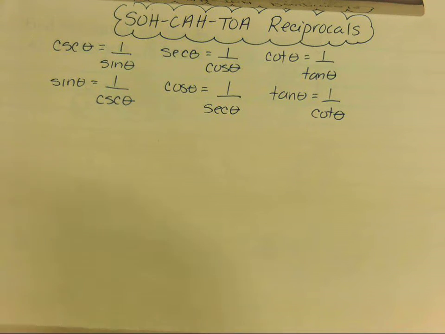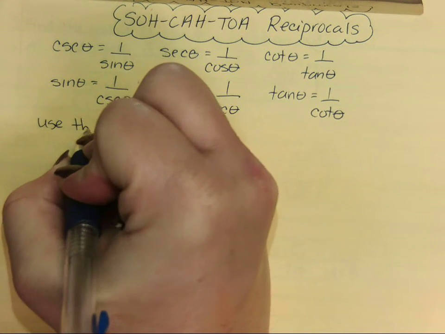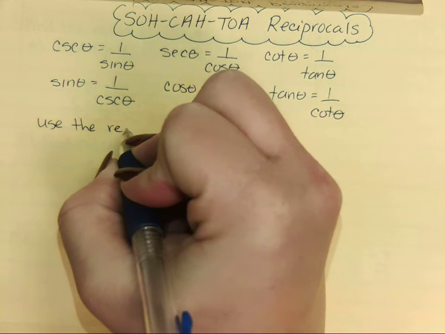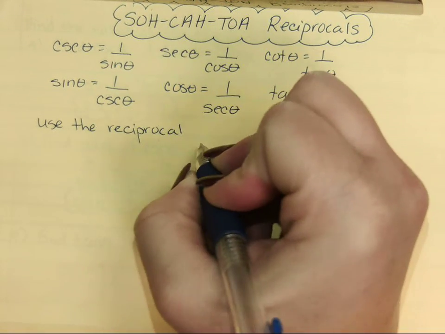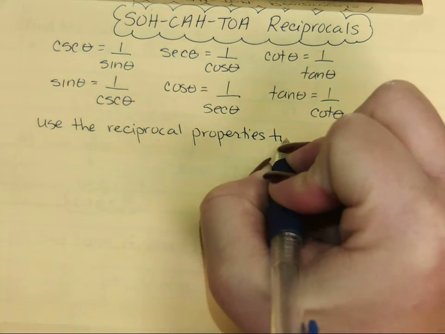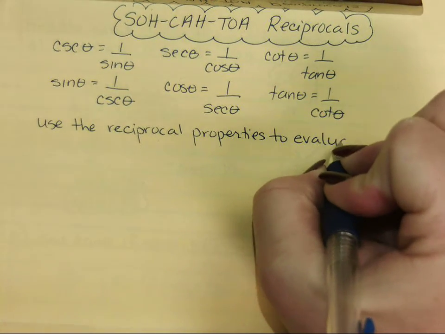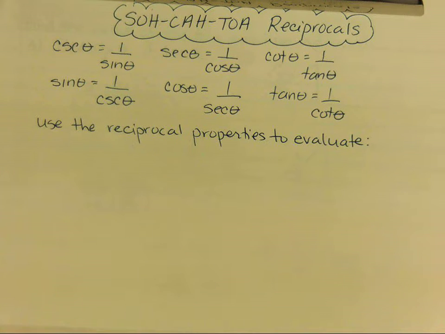All right, so we want to use the reciprocal properties to evaluate. Right, and so we're not going to like really, we're just going to set up, kind of like how before we just set up the sine, cosine, tangent if you know the sides of a triangle.